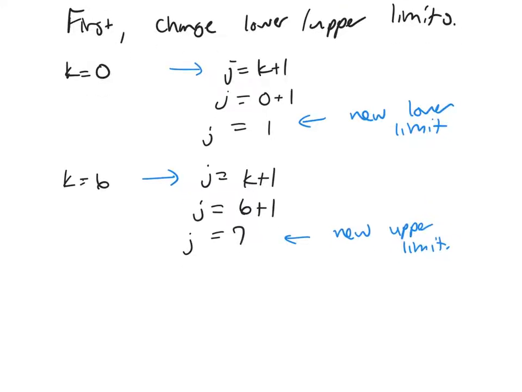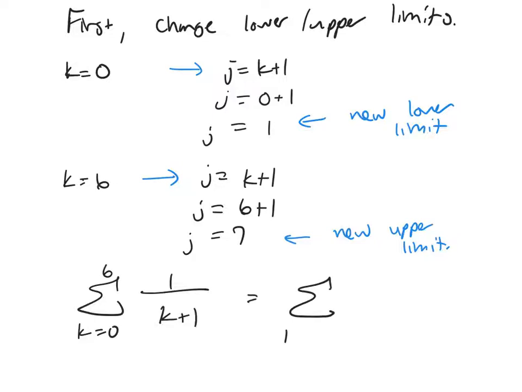So then my summation from k equals 0 to 6, 1 over k plus 1, is now going to become a sum from, sorry, j equals 1 to 7.